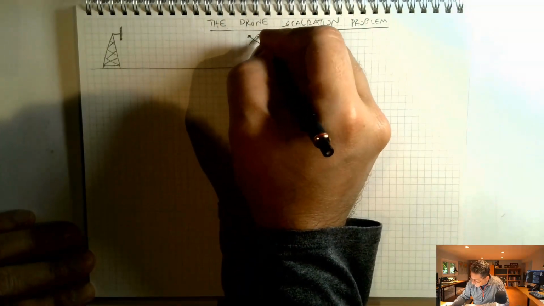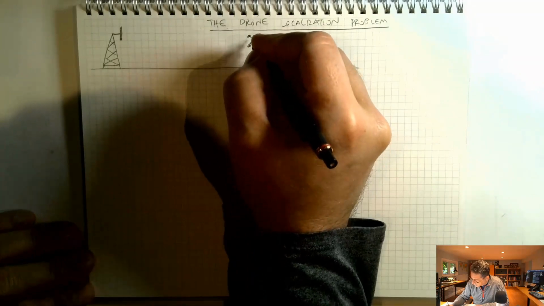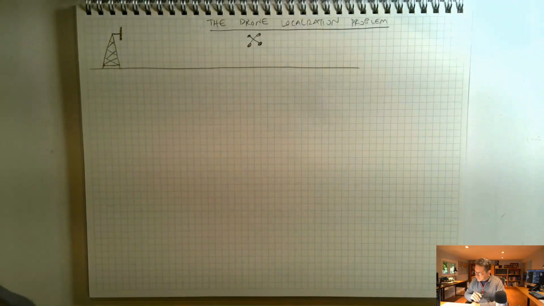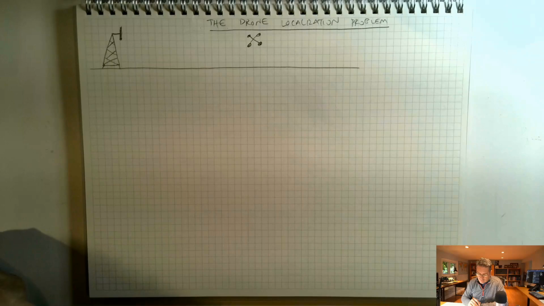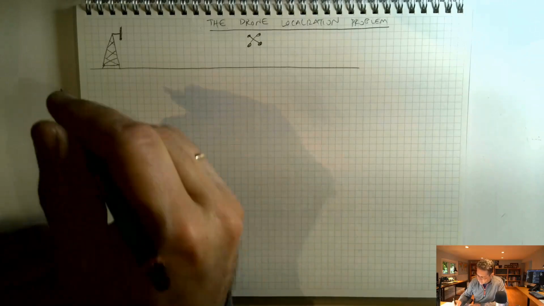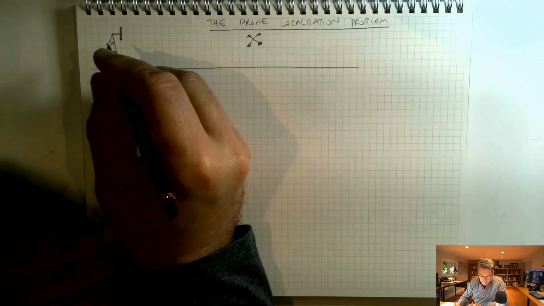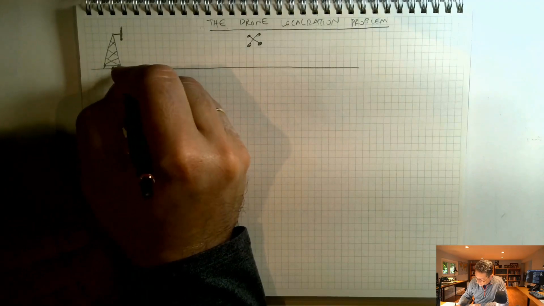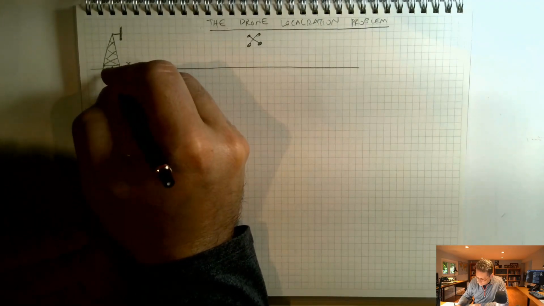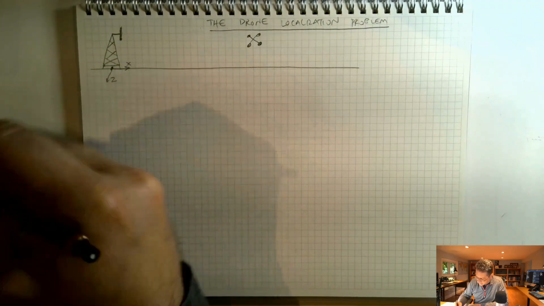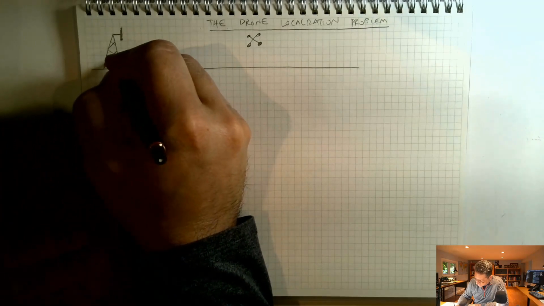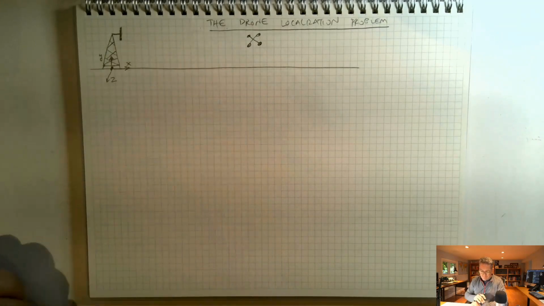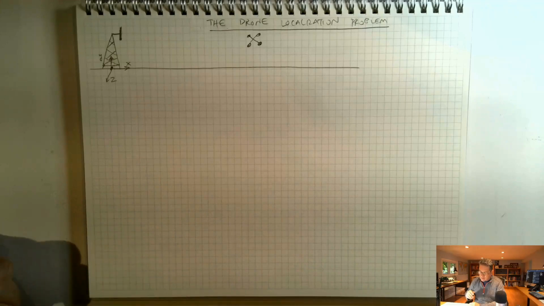Let me just represent the drone with this symbol over here. In reality we live in a three-dimensional coordinate system, where we have the x-axis over here, the z-axis coming out of the page, and the y-axis. We are going to limit the discussion here to one dimension.